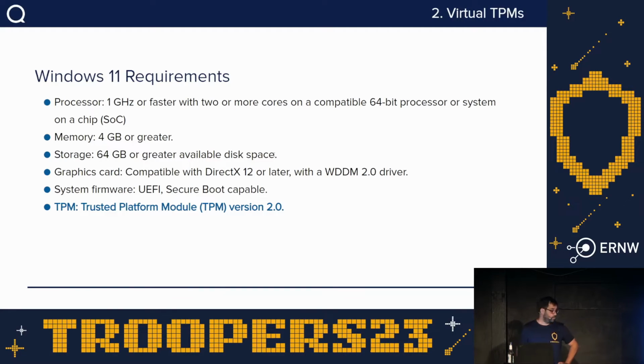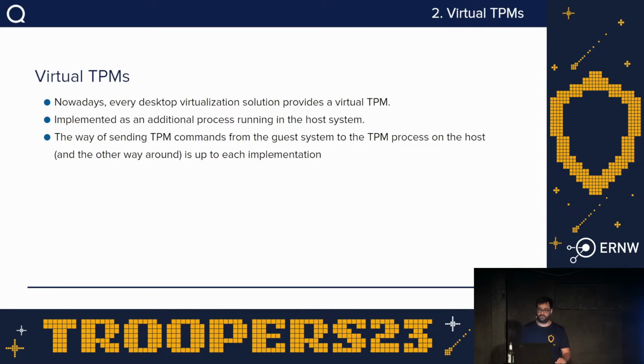So when Windows 11 came out, it was a bit surprising that one of the hardware requirements was the presence of a TPM 2.0 module. This kind of forced the different virtualization solutions to offer a virtual TPM if they wanted to support the latest Windows operating system.